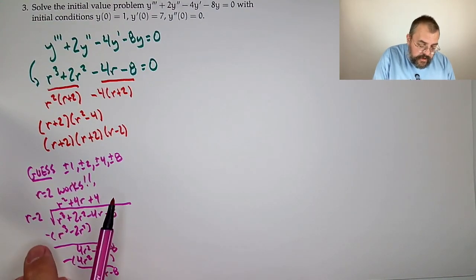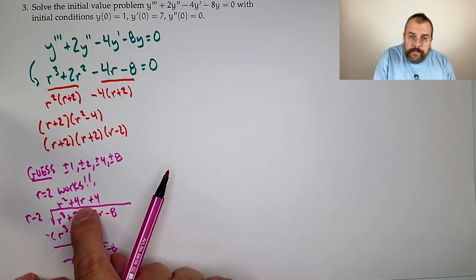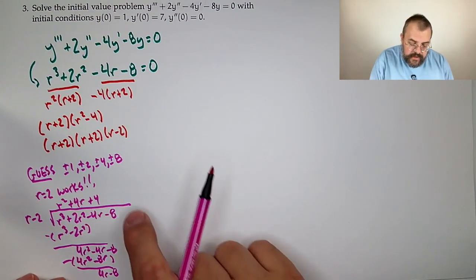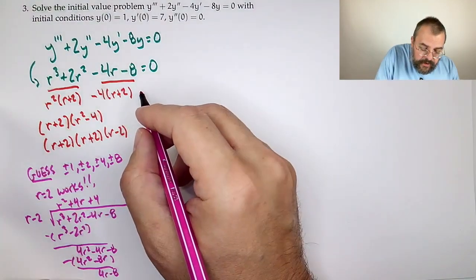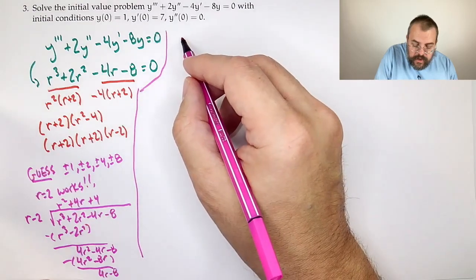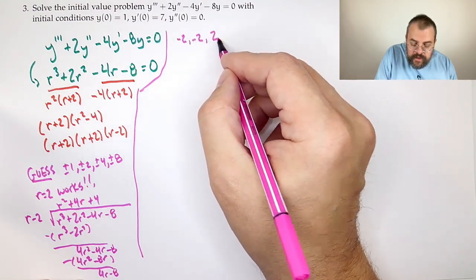And now we say, this is a piece, and the rest of it looks like r squared plus 4r plus 4. And so we just factor that. Well, that's not so bad. It's r plus 2 squared. Okay, so those are the things we could have done. All right, so now we have our roots. Our roots are minus 2, minus 2, plus 2.